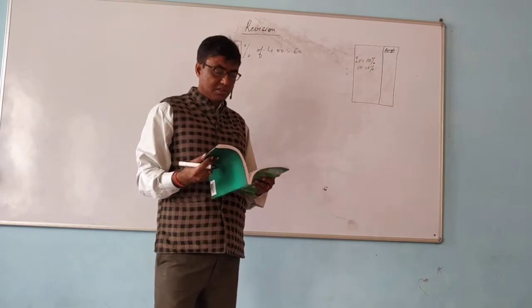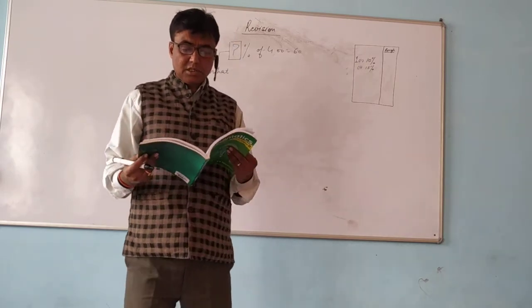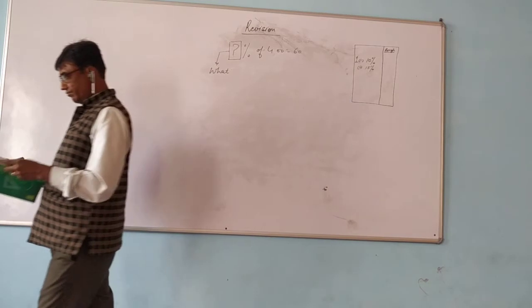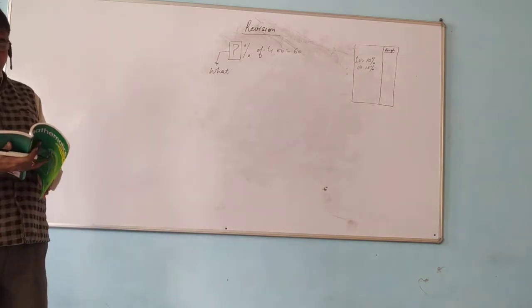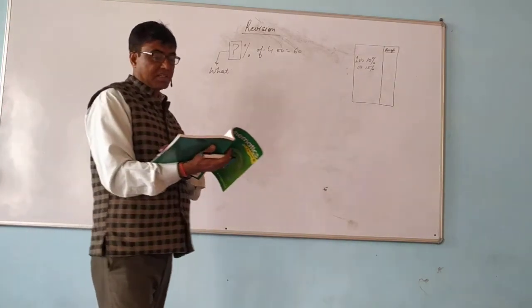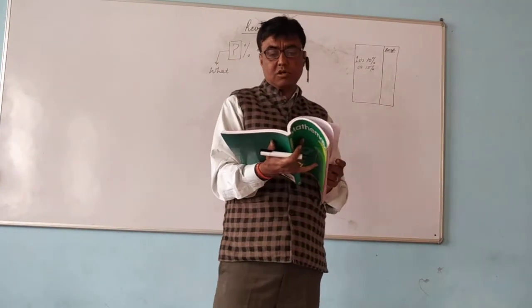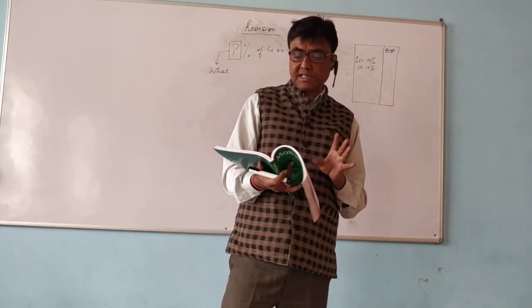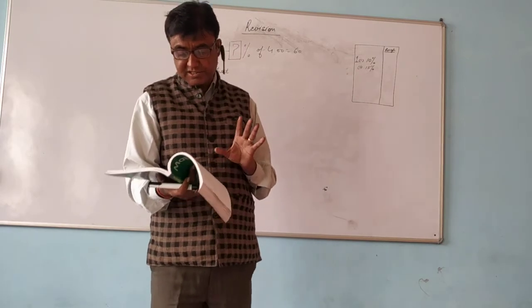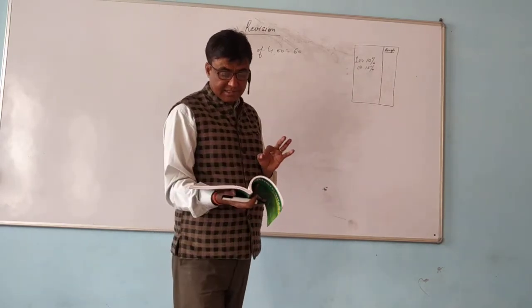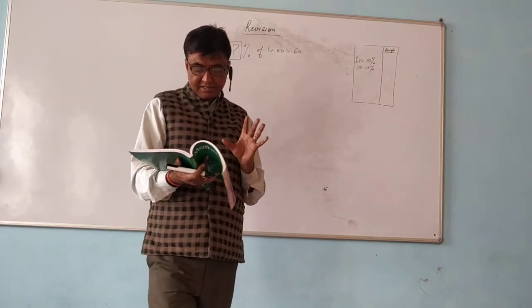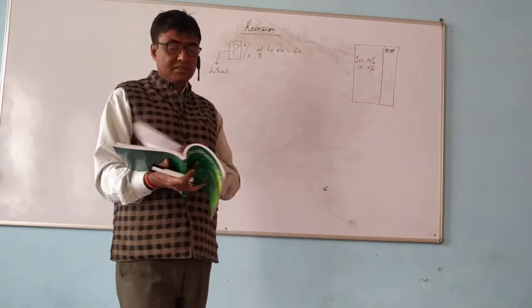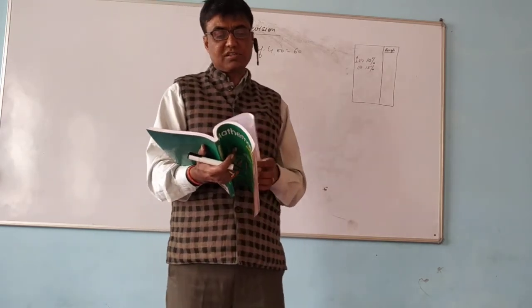So we have discussed almost all the things in this portion of percentage: profit and loss, finding the fraction, converting into decimals, converting into percentage, converting the ratio into percentages, then getting the tick correct answers, then the fill in the blanks, and then the true and false.